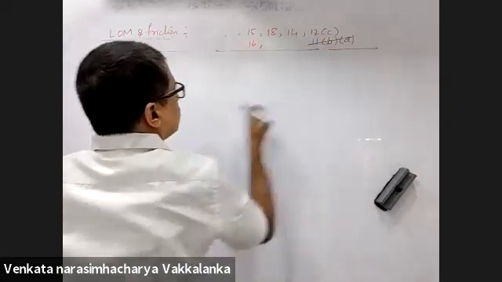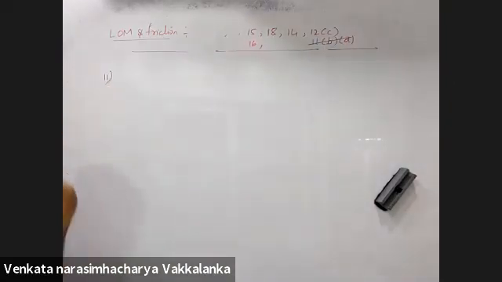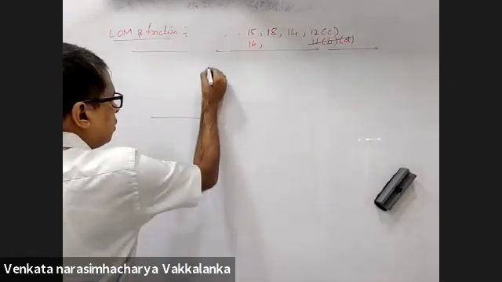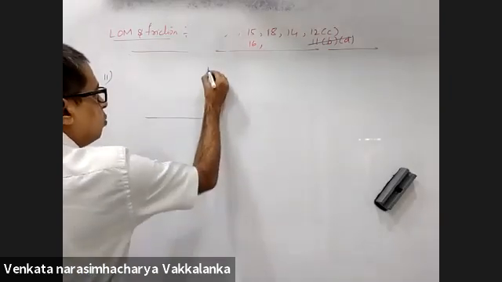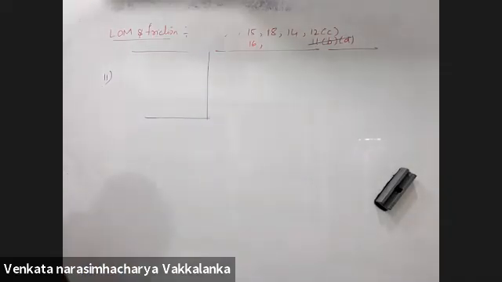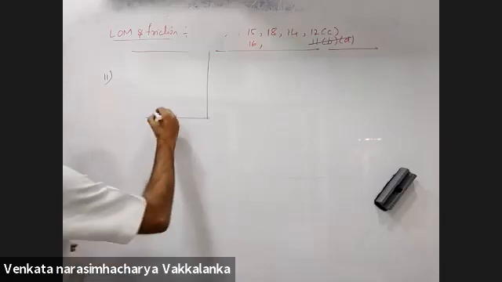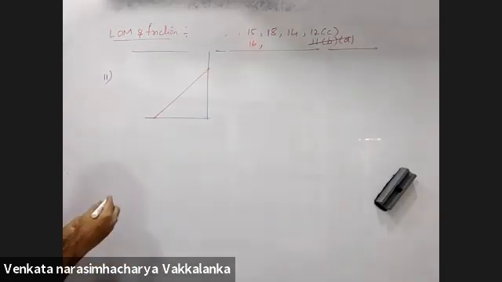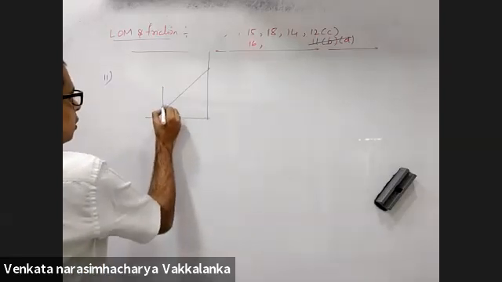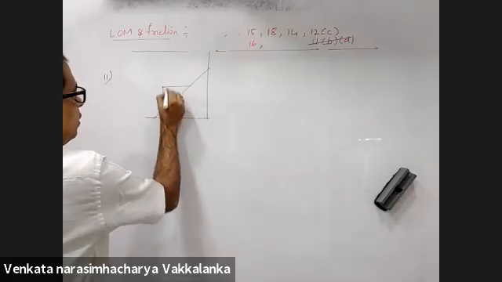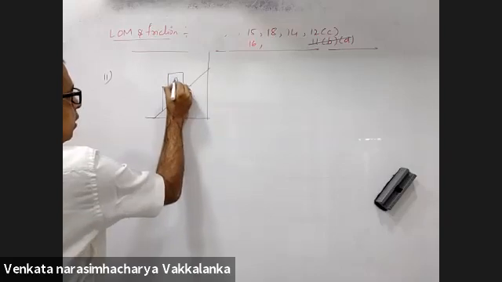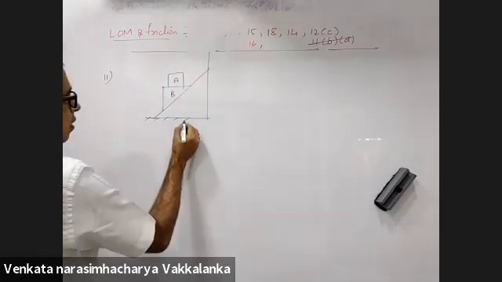Next question is 11. This is a wall, this is a wall. You have a wedge placed here. B is placed here, A is placed here.